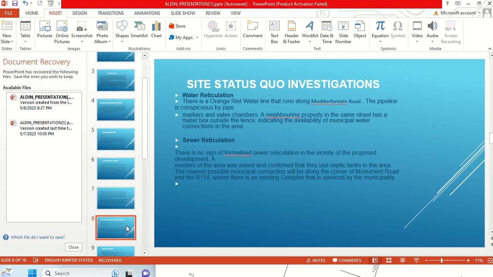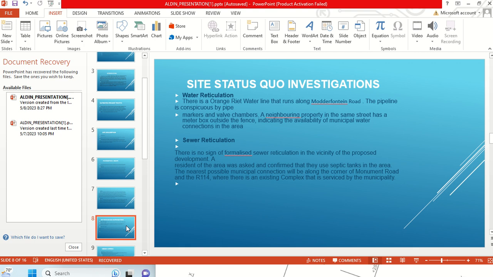Okay, we're going to look at the sewer now, which is the second part of our investigation. There was no sign of formalized sewer reticulation in the vicinity of the proposed development, but during our investigation we sat down with one of the residents nearby, who confirmed that there was no formalized sewer reticulation and mentioned that they use septic tanks in the area.